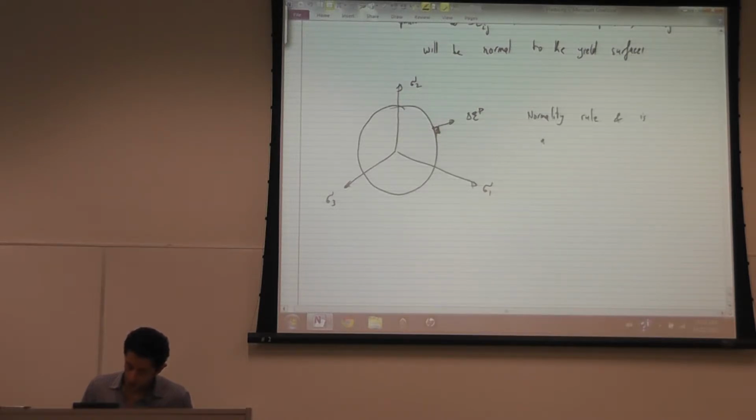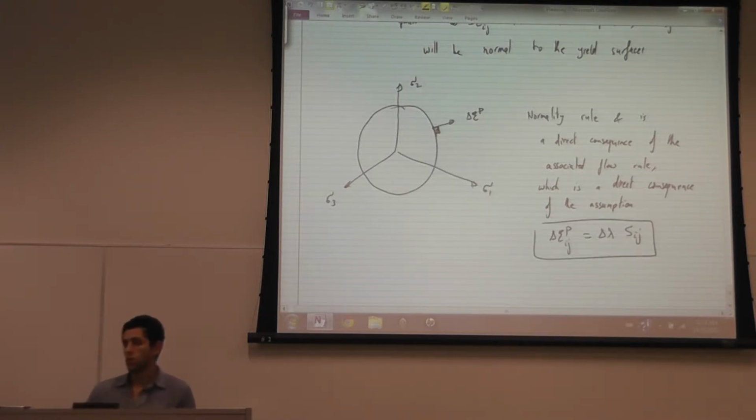and it is a direct consequence of the associated flow rule, which was a direct consequence of the assumption delta epsilon Pij is equal to delta lambda multiplied by Sij.